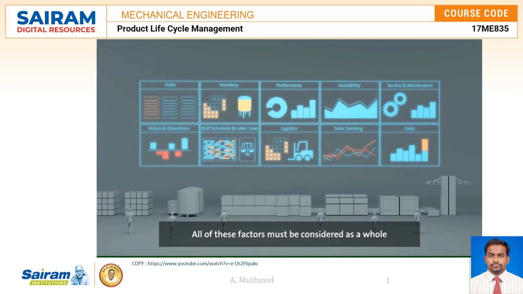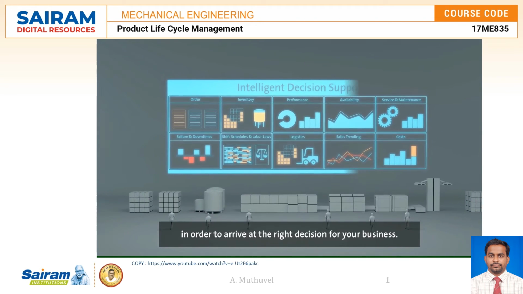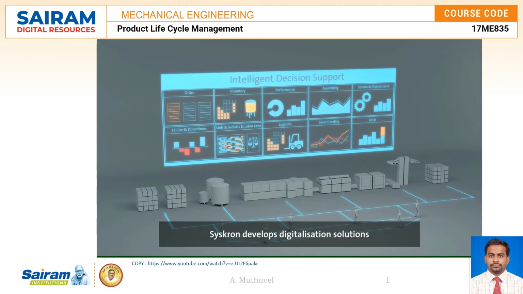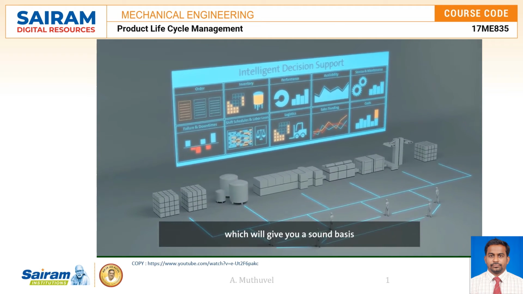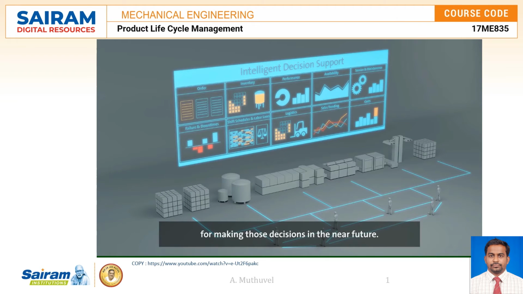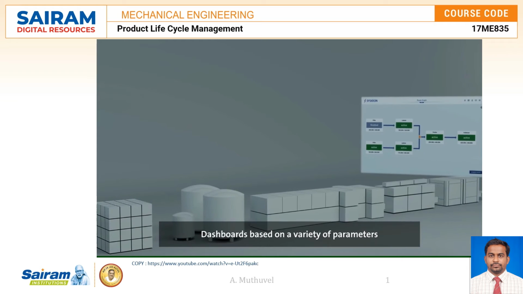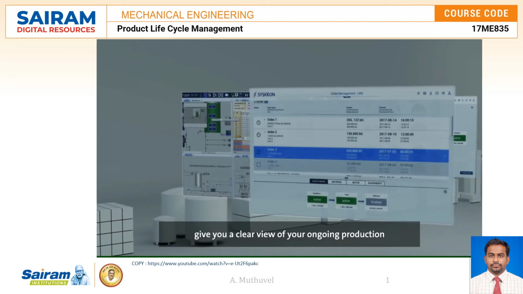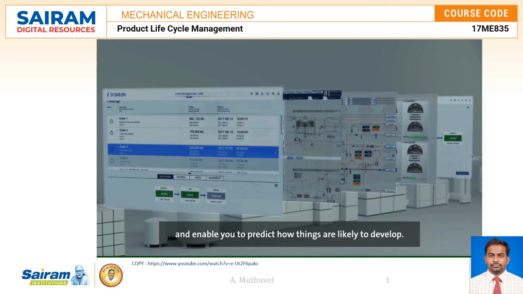All of these factors must be considered as a whole in order to arrive at the right decision for your business. DSSRD develops digitalization solutions which will give you a sound basis for making those decisions in the near future. Dashboards based on a variety of parameters give you a clear view of your ongoing production and enable you to predict how things are likely to develop.